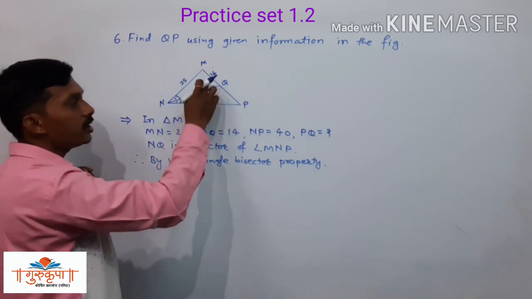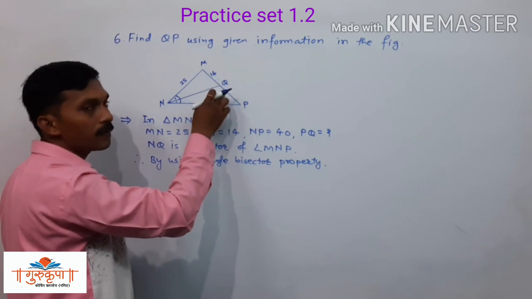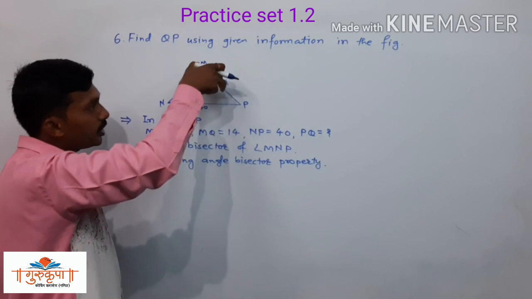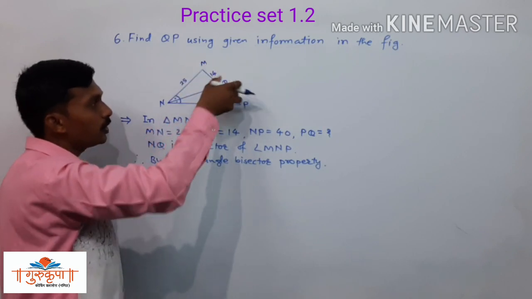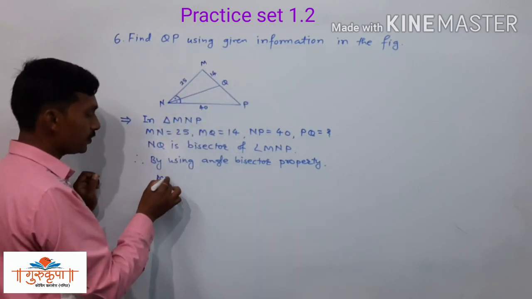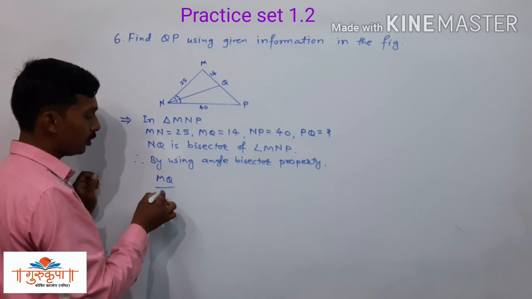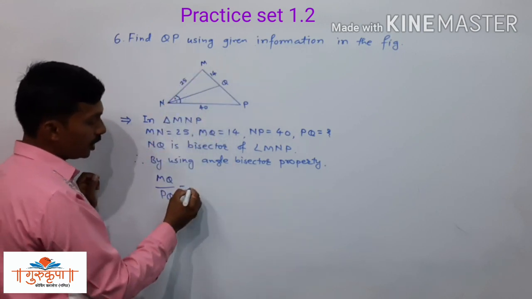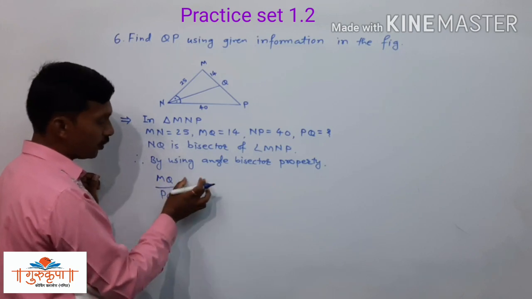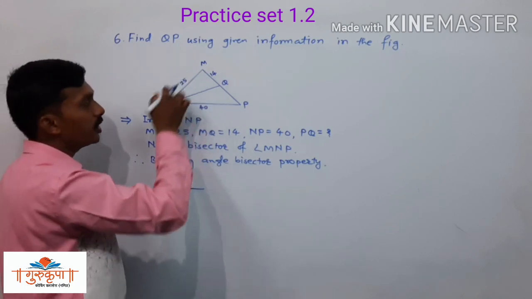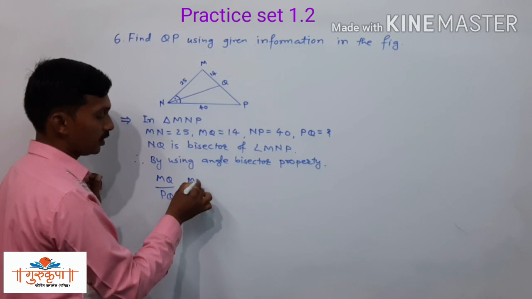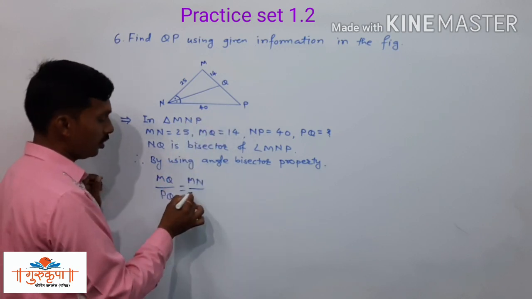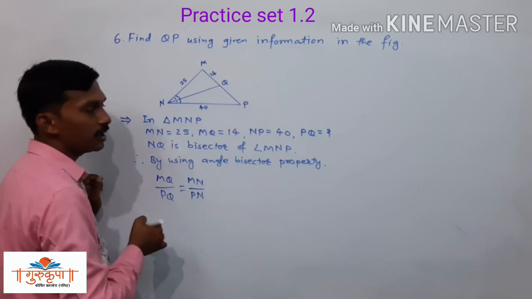So how we write this ratio, that is very important. According to that we have to write the another ratio. Suppose we write this ratio as MQ upon PQ. Then how to write the another ratio? First of all, we have to write the corresponding side of MQ in the numerator, that is MN, upon corresponding side of PQ, that is PN, or you can say it as adjacent side.